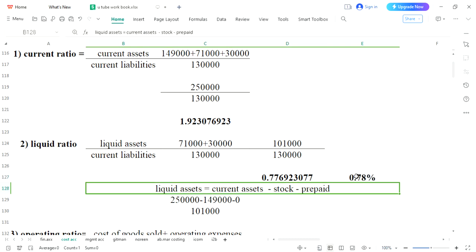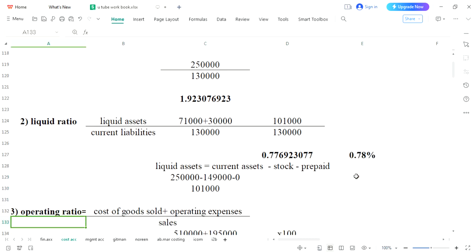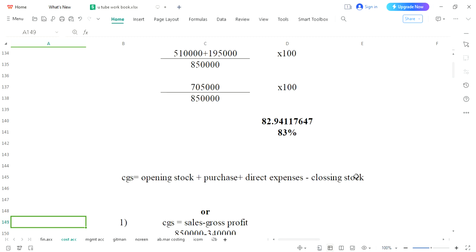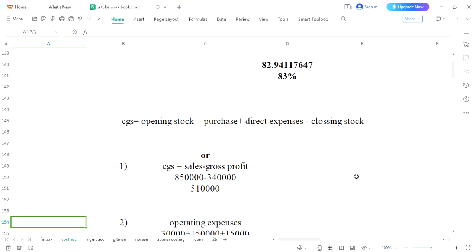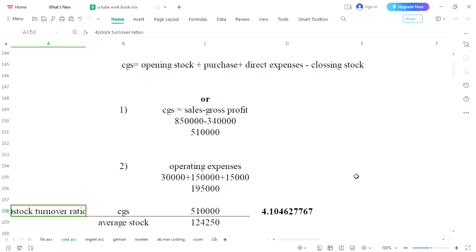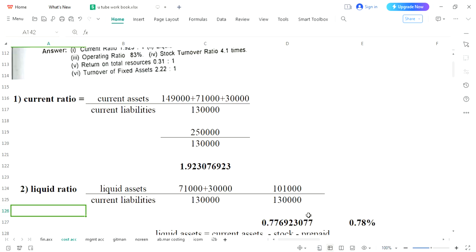All right, so three answers completed. Then our fourth requirement was stock turnover ratio. Answer was 4.10.